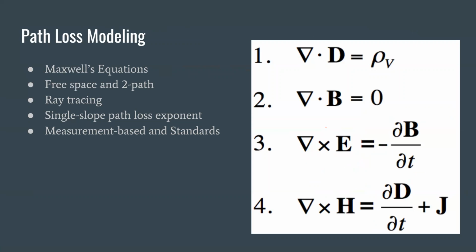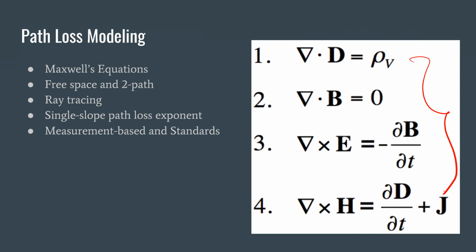Maxwell's equations describe how electric fields and magnetic fields relate to each other by these sets of equations right here. But the thing about modeling with Maxwell's equations, just from seeing the equations, is that it's quite complex. And it might not be practical to constantly use Maxwell's equations when we're trying to design our system.